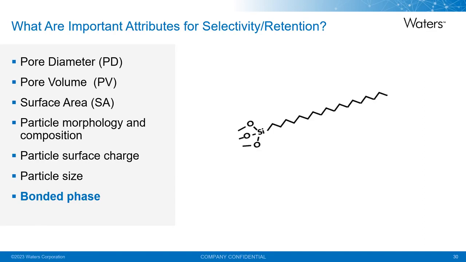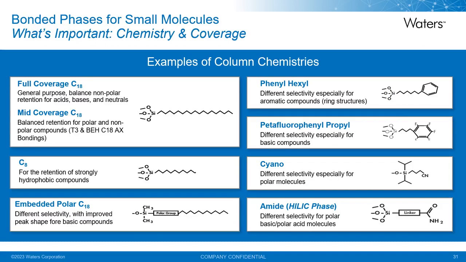And finally, in this section, the bonded phases are the true chemical selectors of the phase. They're the key to altering selectivity, which is desired for methods development. Here's a list of the most common bonded phases.